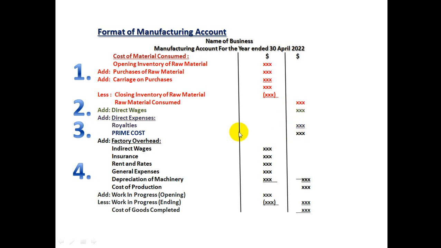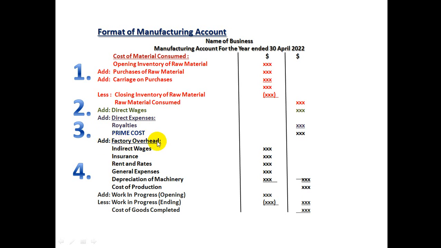These three are actually used to calculate the prime cost. You can say the sum of raw material consumed, direct wages and direct expenses will give you the prime cost of the company. The fourth main part is about factory overhead.